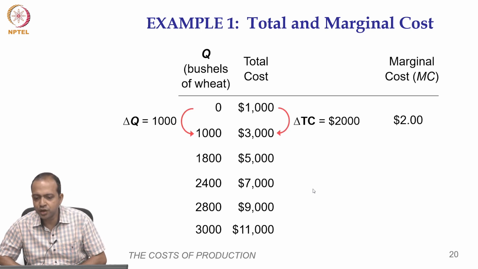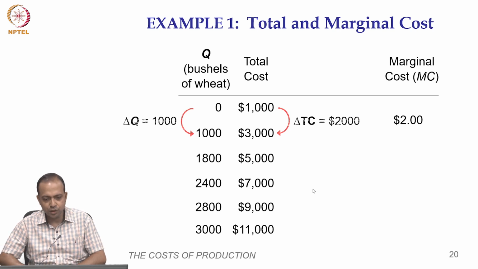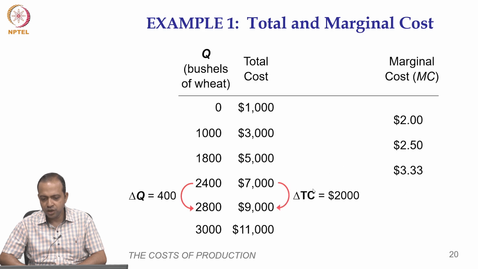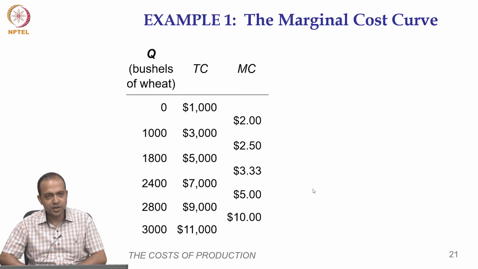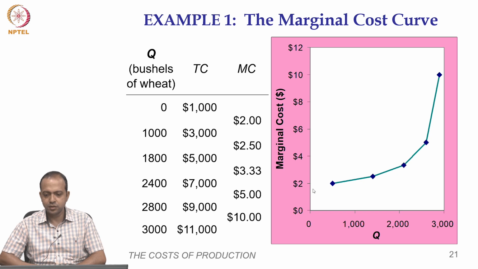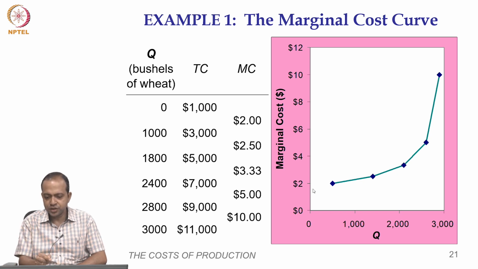Look at this, marginal cost is 2 rupees to start with, and then it is 2.5, 3, 5, 10. So, marginal cost is increasing at an increasing rate. Look at this. So, it is increasing slowly and then it becomes very steep.